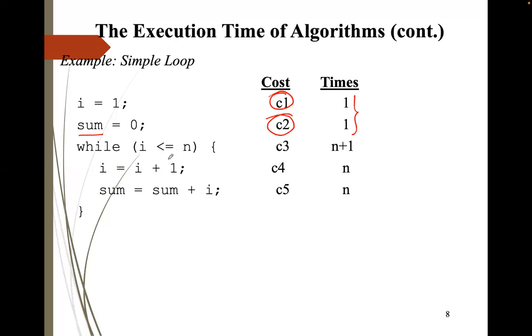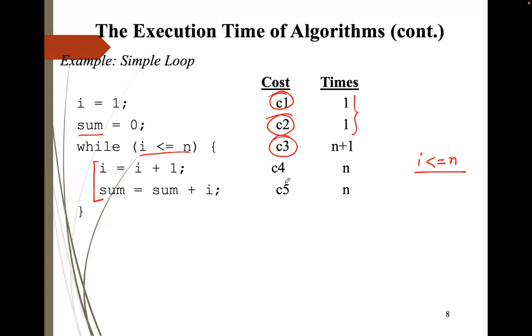Our while condition is that if i is less than or equal to n, then it will execute this set of statements. It checks whether i is less than or equal to n. This statement has a specific cost, let's say C3.